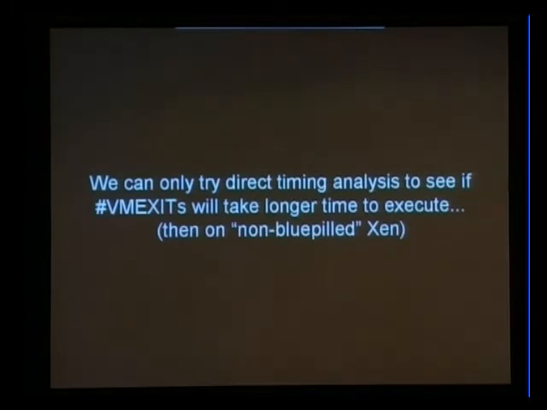One idea is to use timing analysis to see the time it takes certain VM exits to execute. Of course, if you have a stack of hypervisors, then it will take much more time to service any VM exit, because the information about this VM exit should pass through all the hypervisors that are involved.